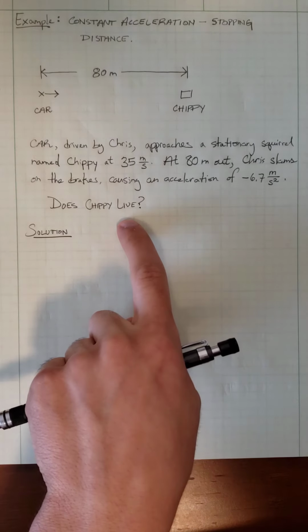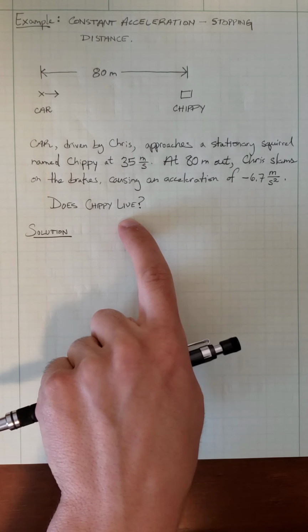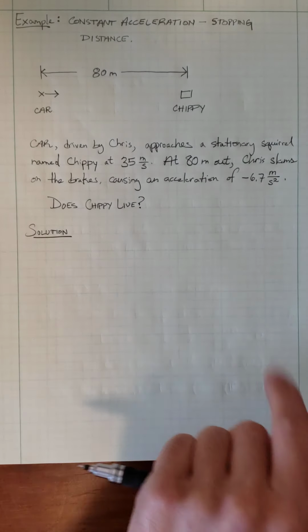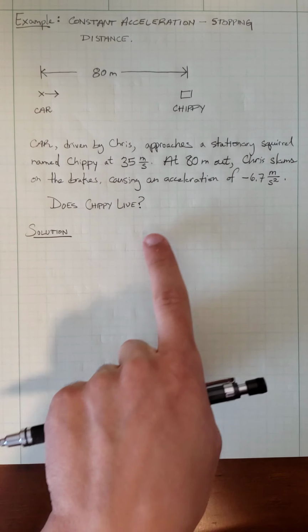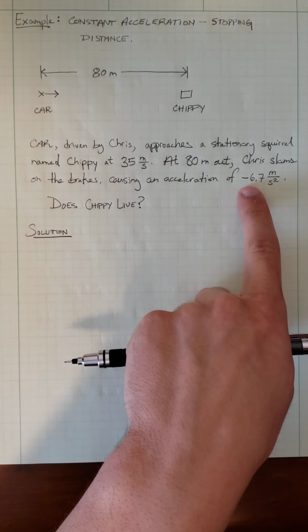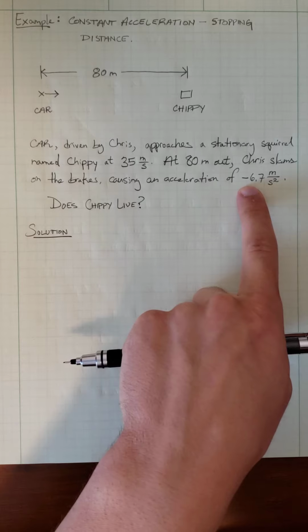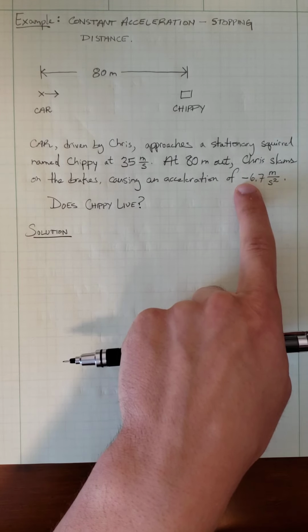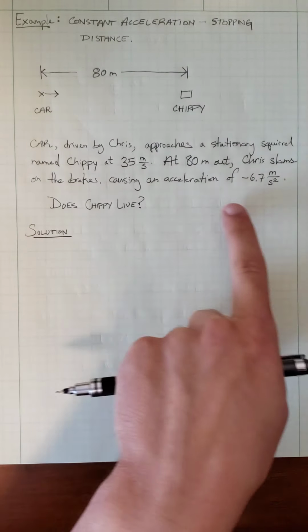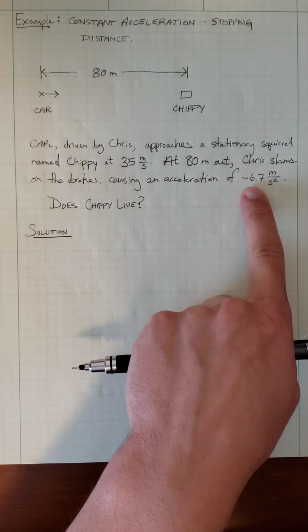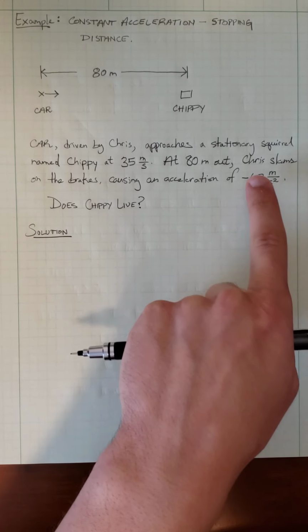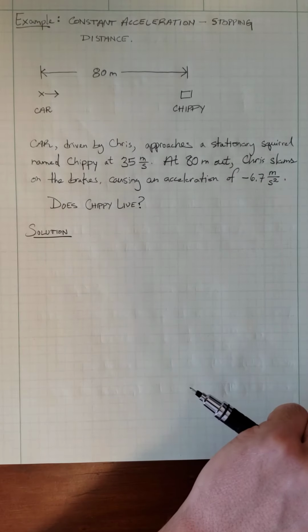Does Chippy live? Well, I kind of said how it makes sense to check for that. Given an acceleration of opposite sign to our velocity, we're slowing down, we know we're going to come to a stop. And we know Chippy is stationary.